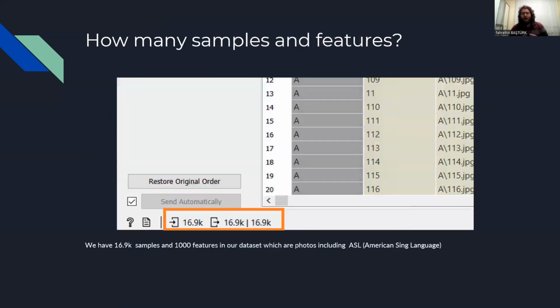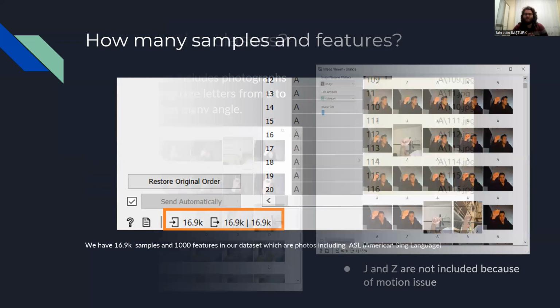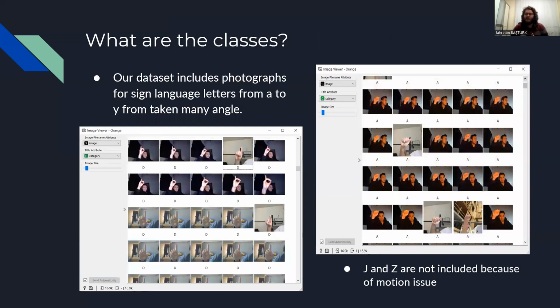In our dataset, we have this amount of data and this amount of features. What are the classes?